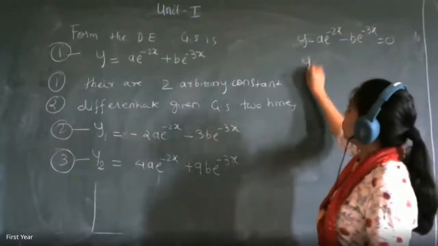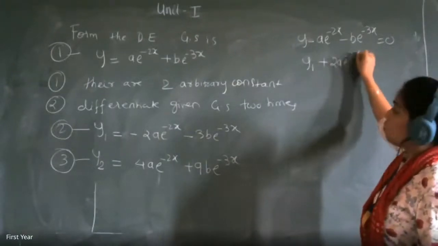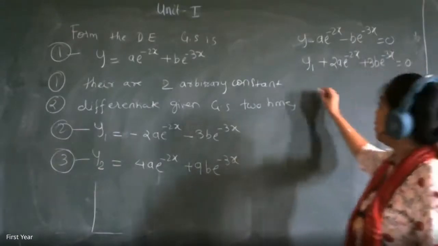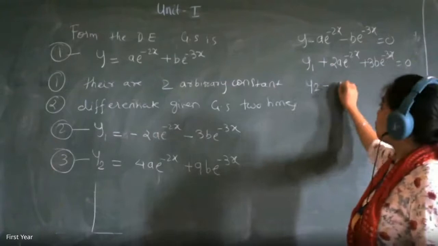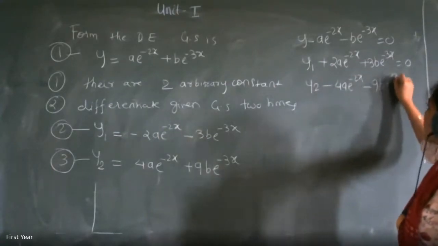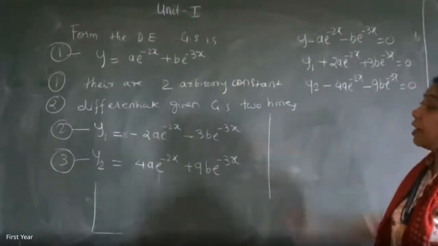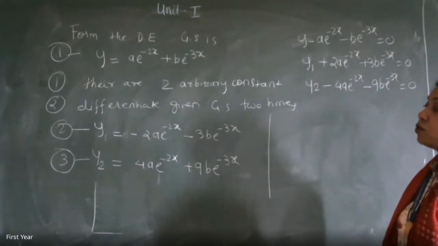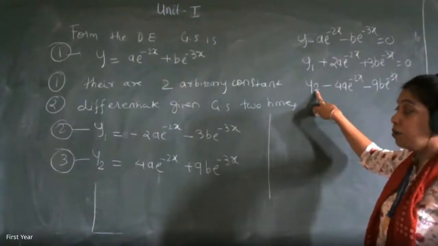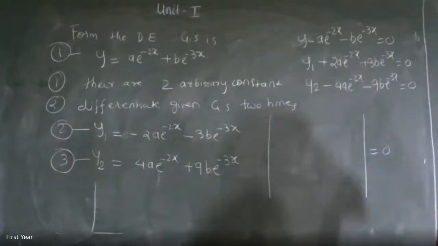Taking the determinant equal to 0 will eliminate a and b by Cramer's condition.